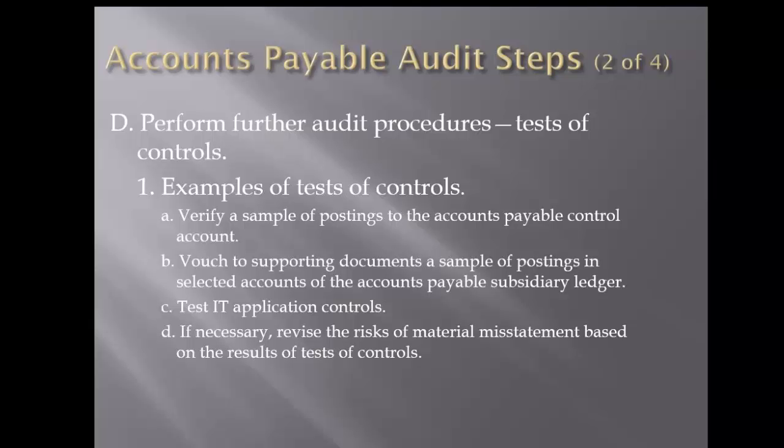If this is an integrated audit, we are doing test of controls, these further audit procedures. Verify a sample of postings to the accounts payable control account. Vouch to supporting documents a sample of postings to selected accounts in accounts payable. Test IT application controls. If necessary, revise the risk of material misstatement based on the results of the test of controls.